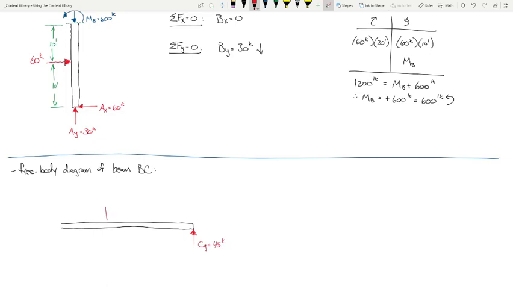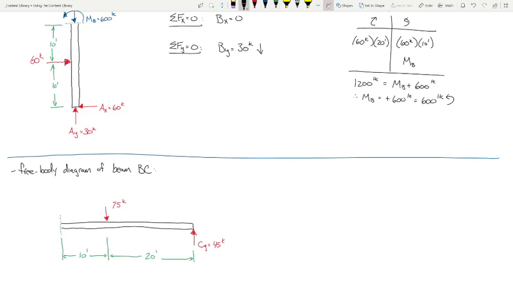And this is a vertical load of 75 kips, placed 10 feet from B, so that makes this 20 feet, because the member is 30 foot long. Am I right? Yeah, 30 feet. All right, so we're going to go through the same process.